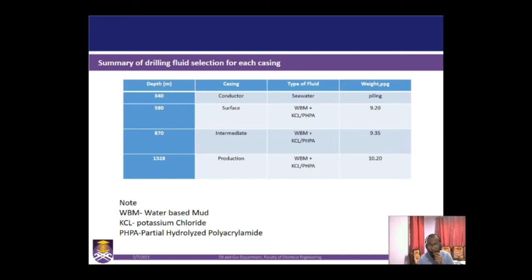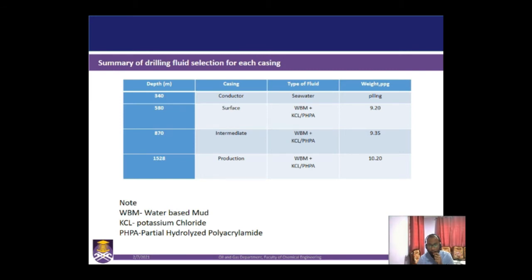For depth 870, intermediate casing, we use the same water-based mud, KCl and PHPA, WBM, also for the production, water-based mud, but different mud weight.